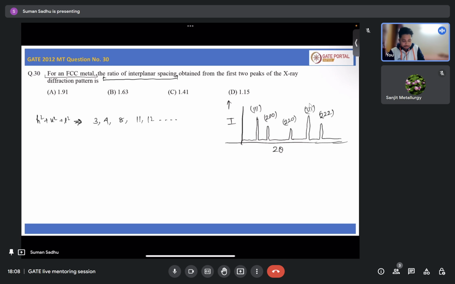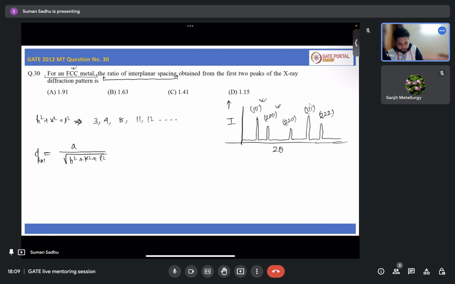So interplanar spacing, that is d_hkl, is the lattice parameter divided by root over of h square plus k square plus l square for an FCC metal, face-centered cubic. Okay, so now we need to find out the d_hkl for the first peak and for the second peak.